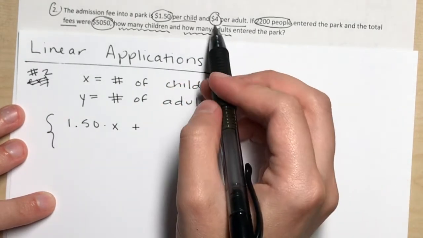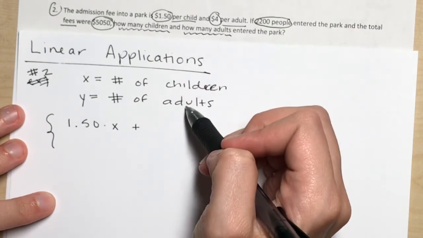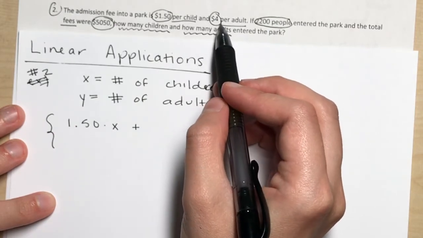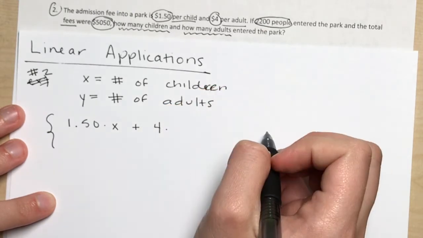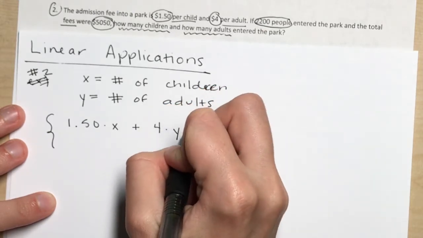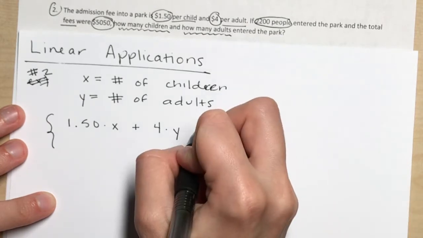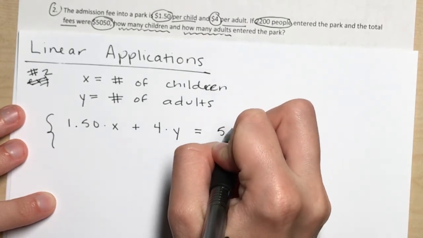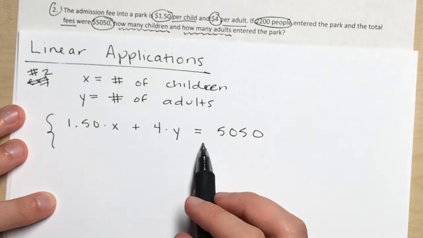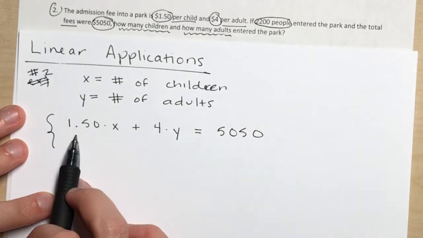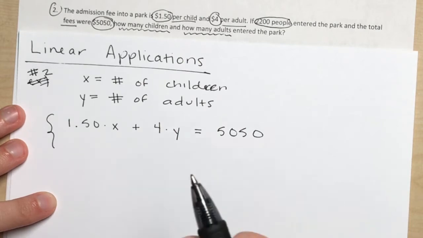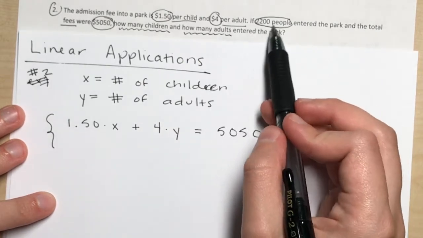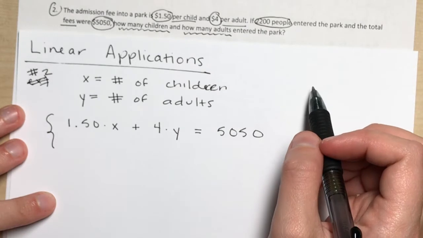Similarly, for adults, every one adult paid $4. So the amount paid for adults is going to be 4 times Y. And we know that the total is $5,050. So the total is the sum of the amount paid for children and the amount paid for adults. We also know that 2,200 people entered the park total.